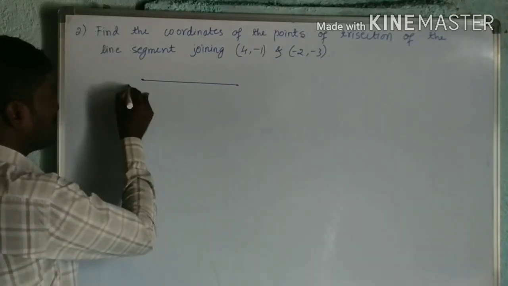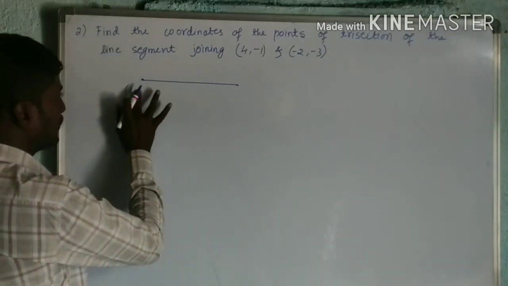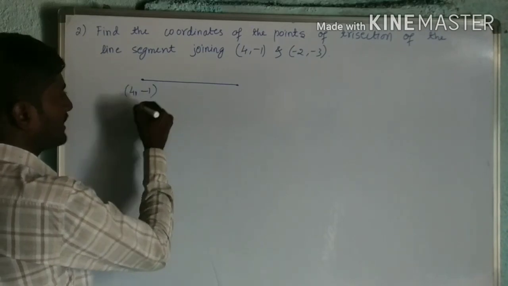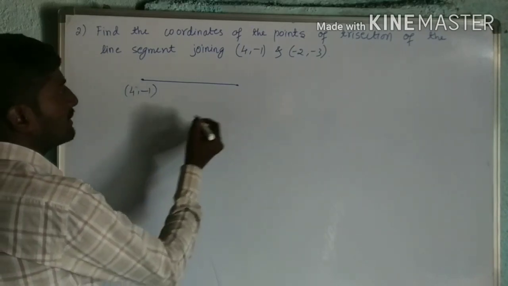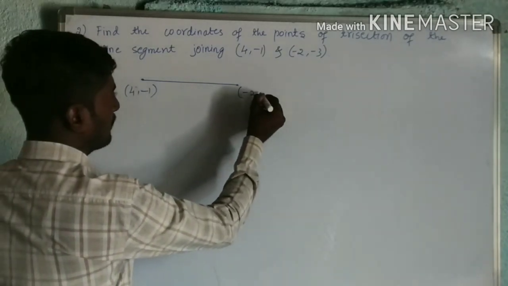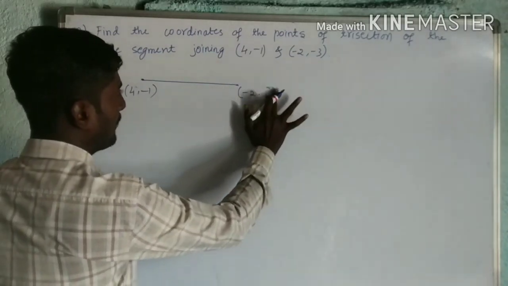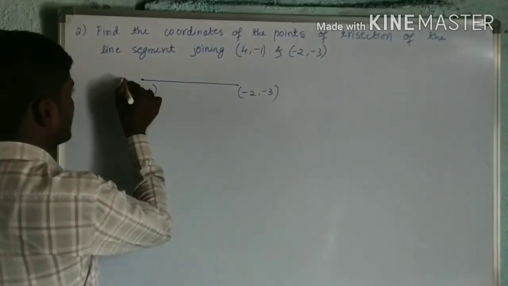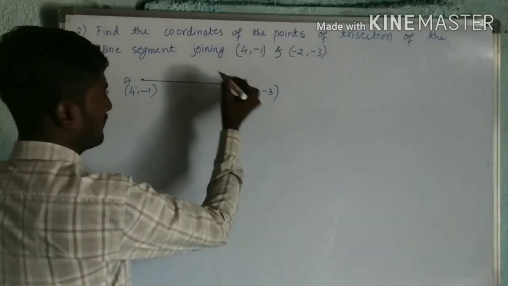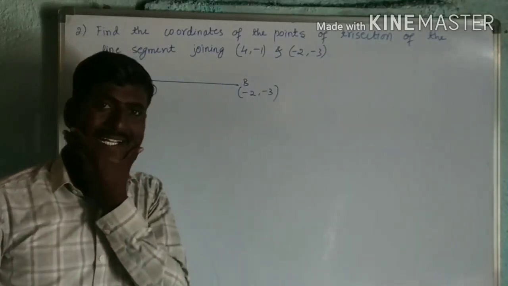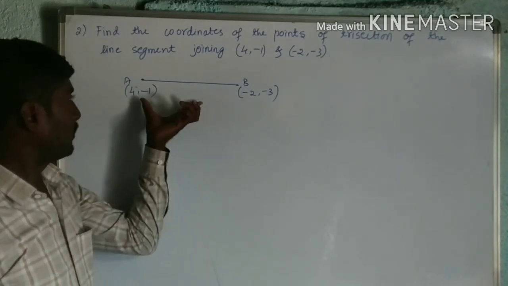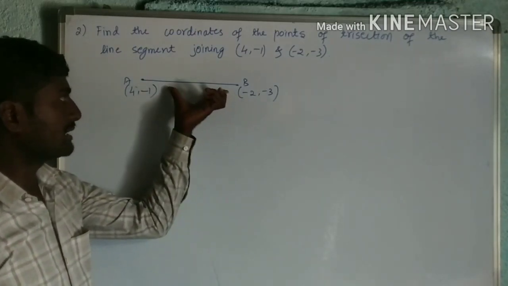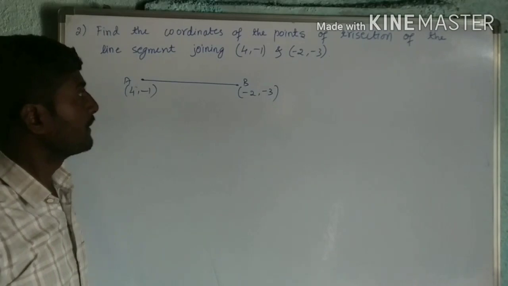The line joining points are (4, -1) and another one is (-2, -3). Let us take this as point A and this as point B. A and B are the points joining the line AB.